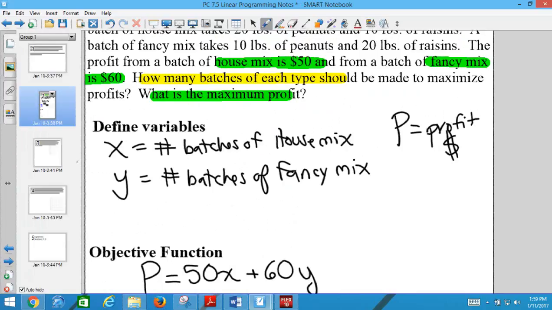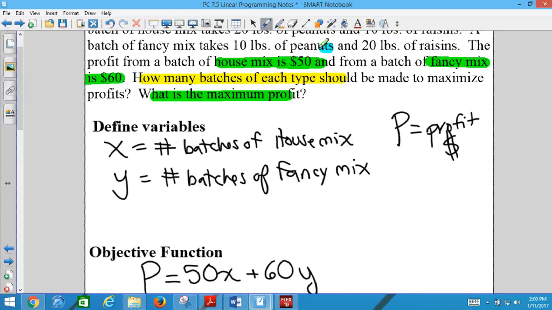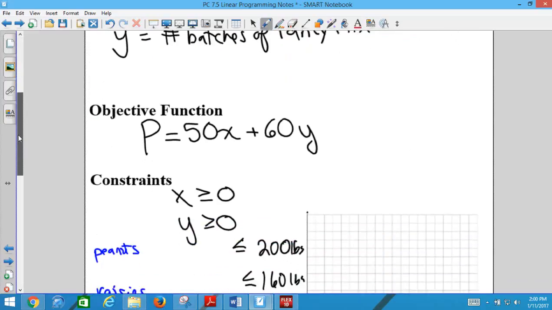Let's make it a different color. I'm trying to color code as good as I can. Here's the word peanuts. And here's the word peanuts, besides 200. Those are the numbers that have to do with peanuts. So we've got 20 pounds and 10 pounds. 20 pounds of which type? 20x and 10y makes our 200 pounds of peanuts. So that's how you're going to set this equation up.